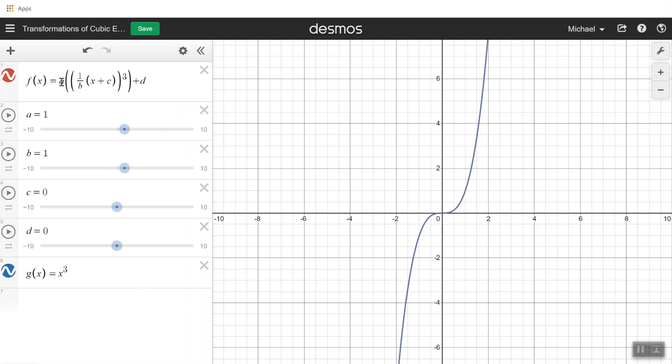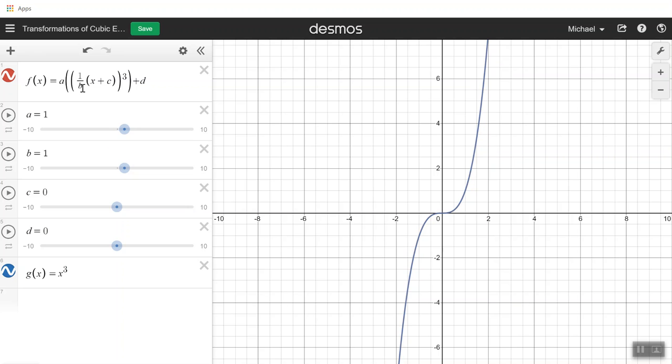If I'm changing a out in front of my whole function, that means I'm going to be stretching it vertically. So imagine that my graph has string and I'm pulling on it. It's like I'm pulling it up when I make it big, and I push it down when I make it small, so less than 1.